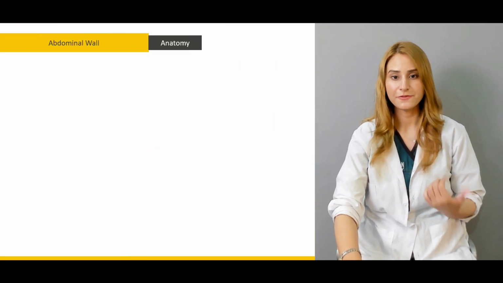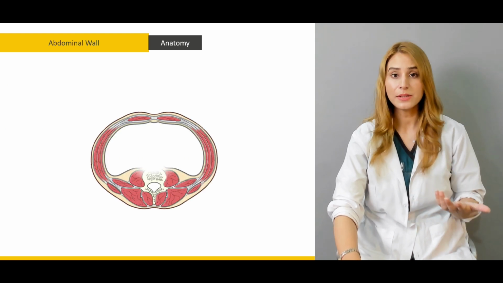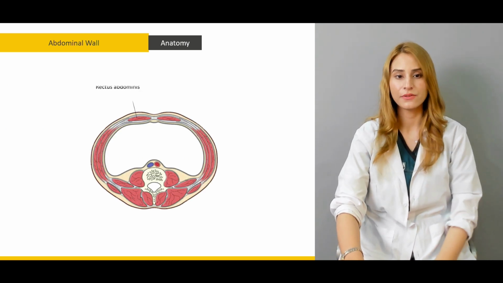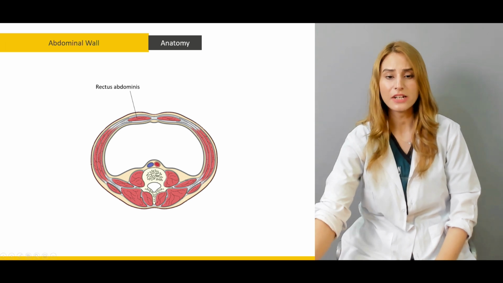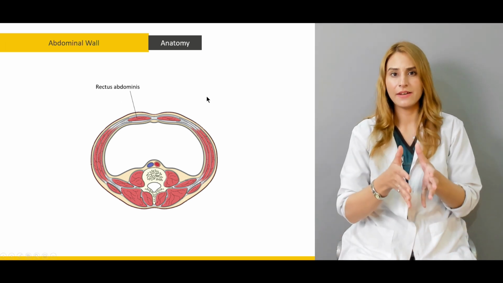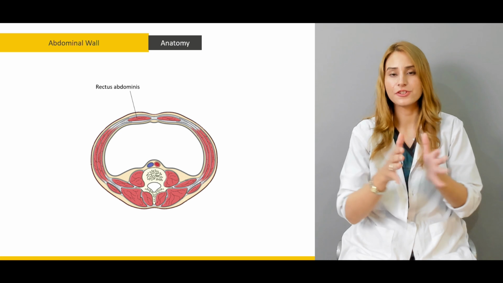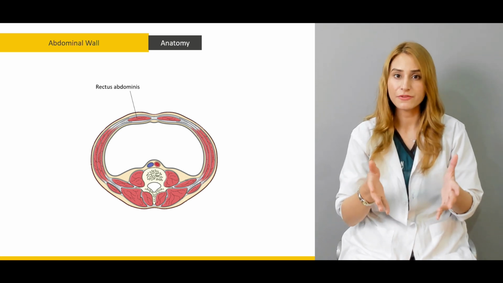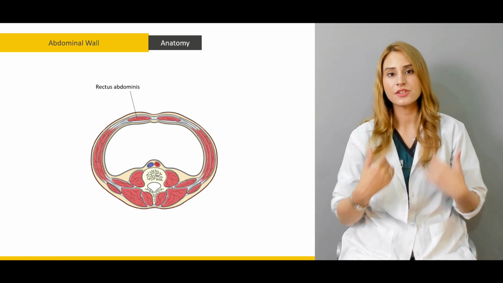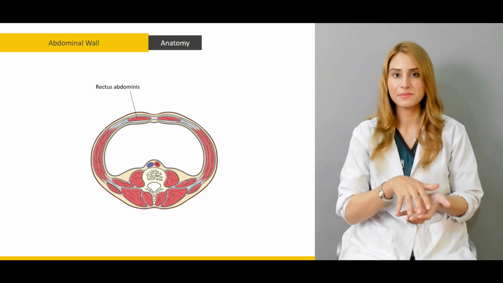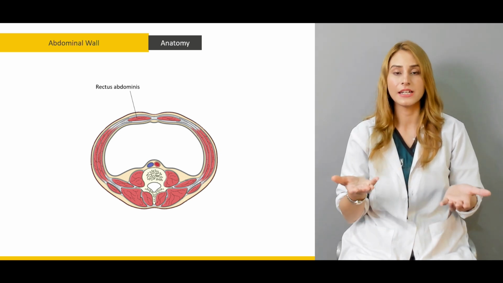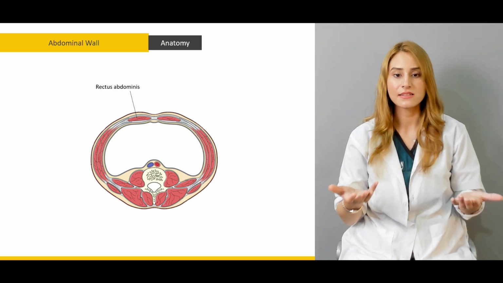So let's start. First of all, we will talk about a little bit of the anatomy of the abdominal wall. First of all, we have the skin, then we have the superficial fascia, subcutaneous tissue, and just beneath the subcutaneous tissue, we have a layer of muscle, which is called the rectus abdominis muscle.